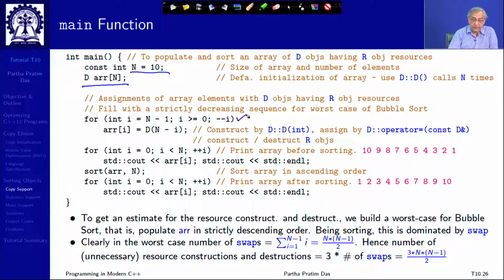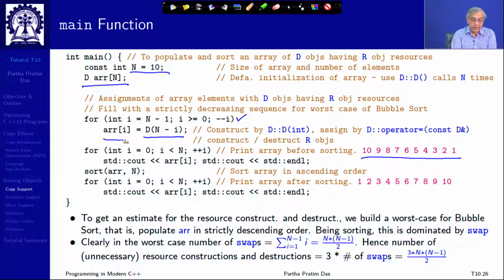Then I fill up this array with D n minus I objects. So, you can see that I am filling them up in the decreasing order, 10, 1. So, this is the order in which the array will be filled up, because I said I want to create a worst case, right.